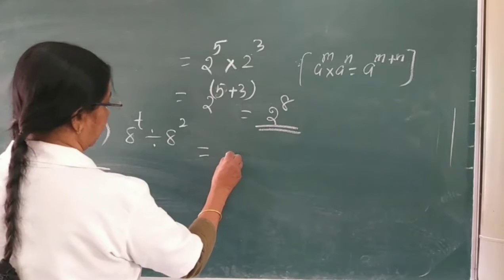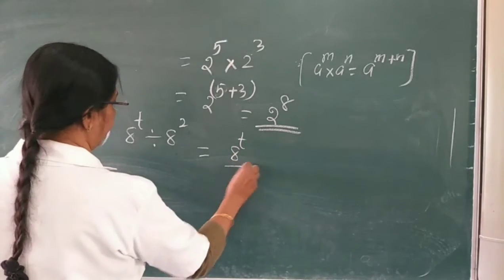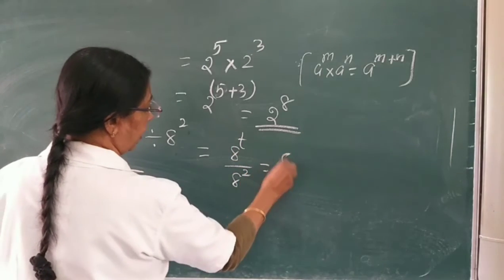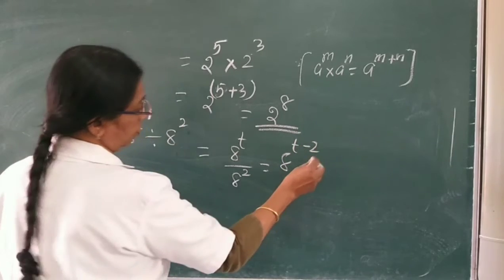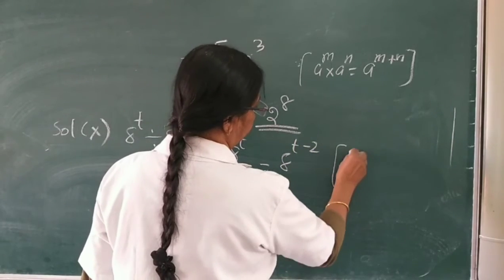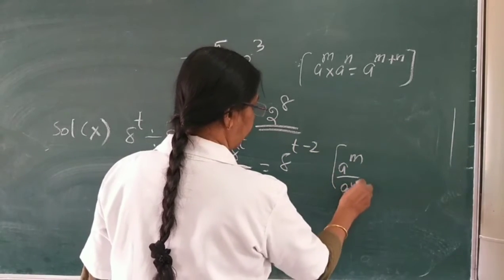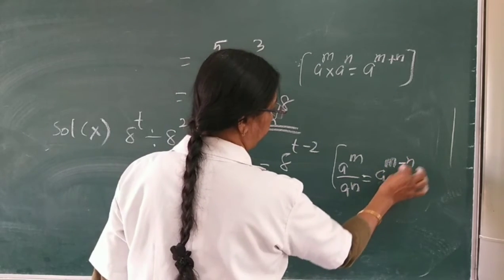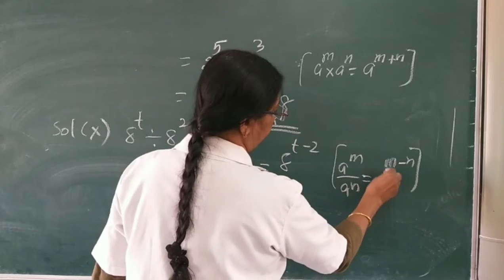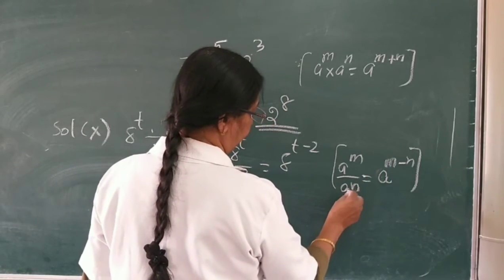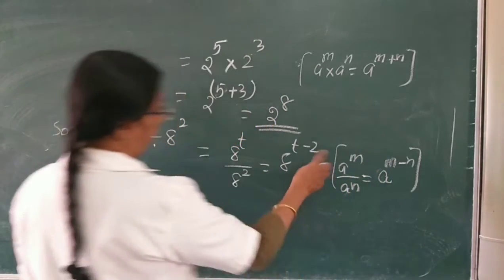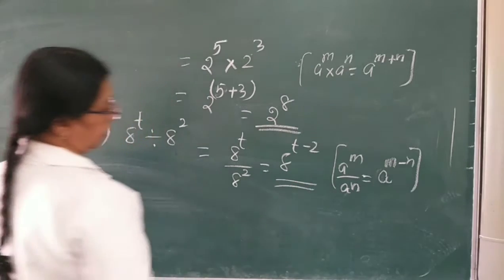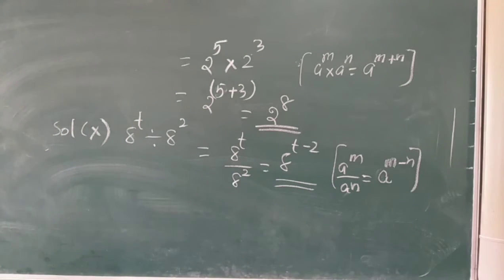So we can write 8 raised to t by 8 square as 8 raised to t minus 2. This is the answer. For all the 10 questions we solved now.